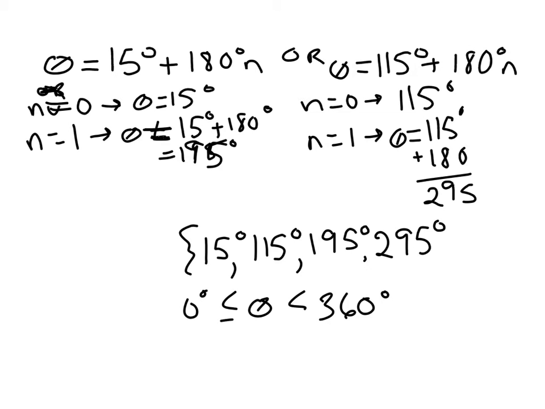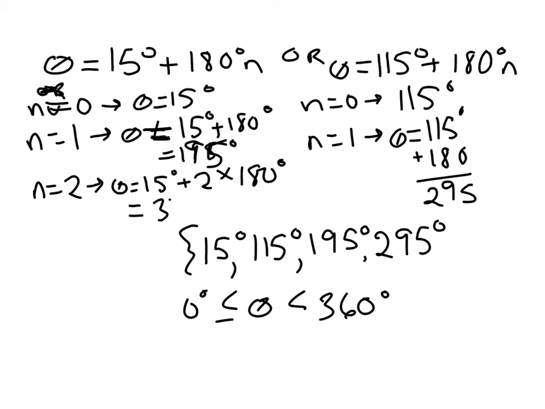Notice if I let n equal 2, then this will be 360. 180 times 2, that's 360. Plus 15, I guess I should go ahead and write it out. If n equals 2, then theta is 15 degrees plus 2 times 180, which is going to give us 360 plus 15, that's 375.